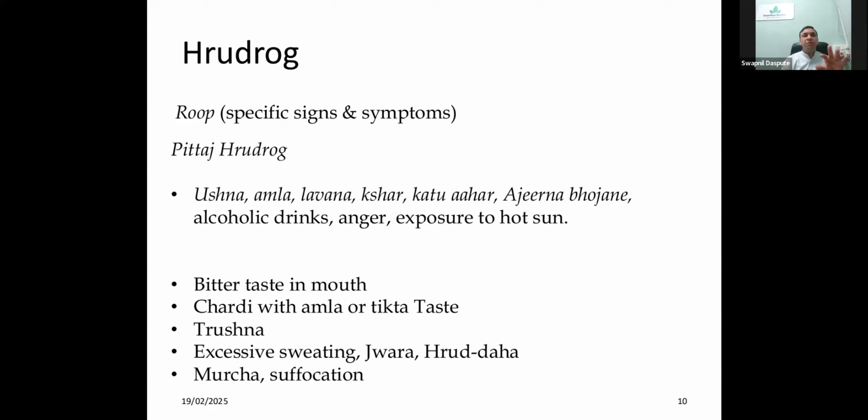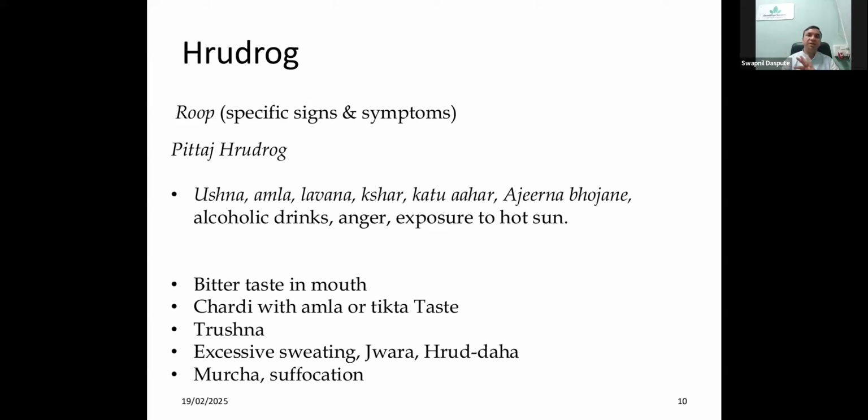Murcha, suffocation. So murcha is unconsciousness and suffocation. You know what is suffocation. So that feeling will be there in Pittaja type of Rudroga. So bitter taste in mouth, Chardi, Amla and Tikta. So Amla Rasa is due to Samapitta and Tikta Rasa is due to Pitta.